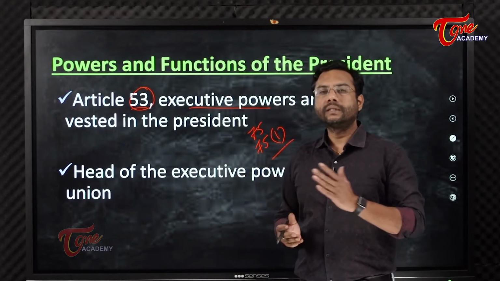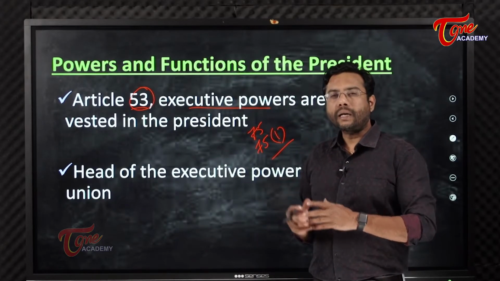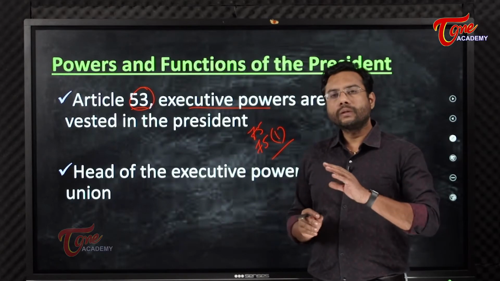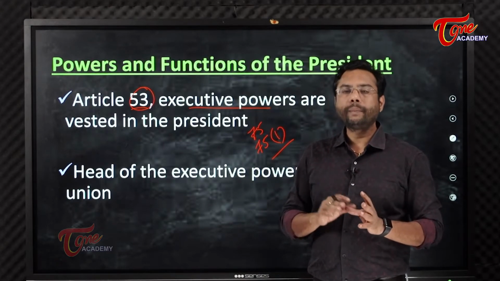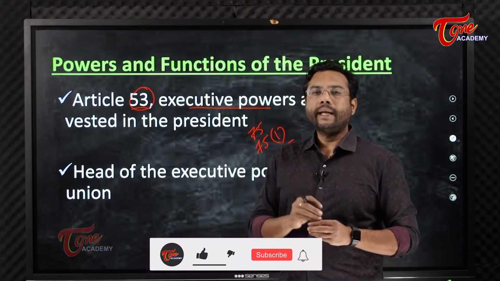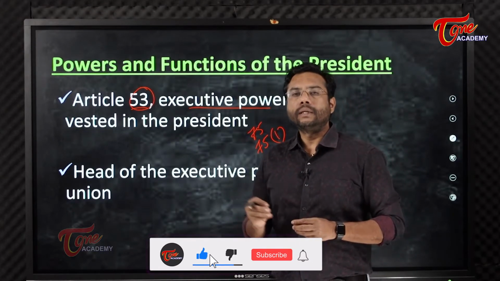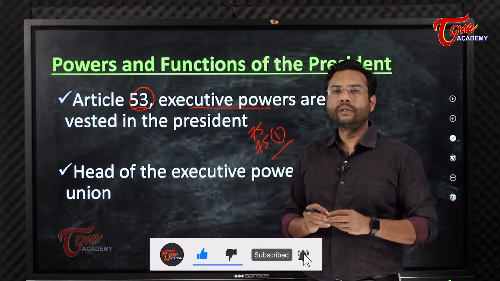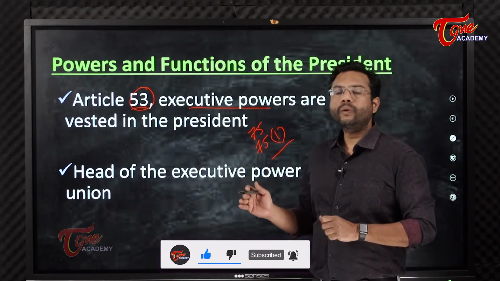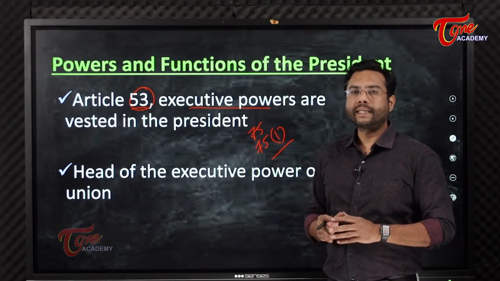As we have discussed in our last classes, in the parliamentary form of government, we have dual membership. So only the elected legislators can become the executives, that is, they can become ministers. Only the members of the parliament can become ministers. As we know, the Council of Ministers is the real executive head.